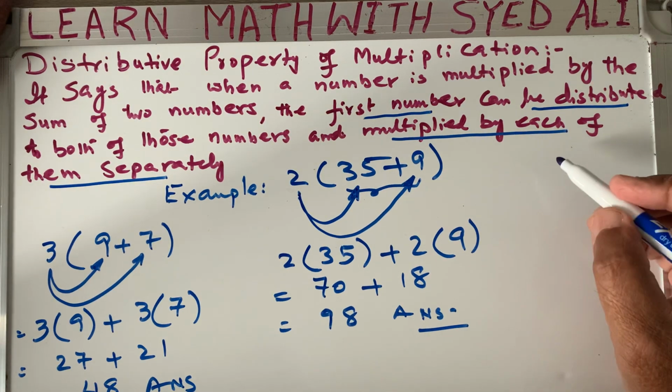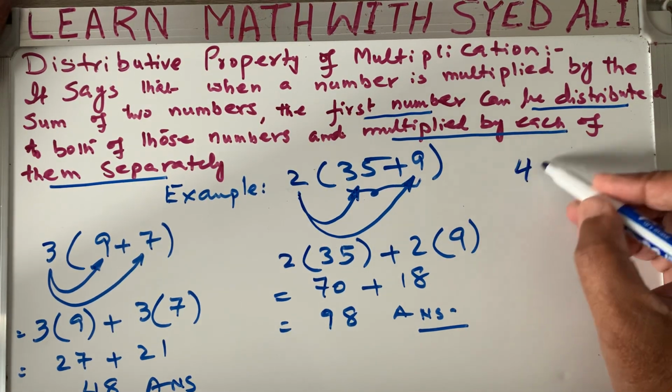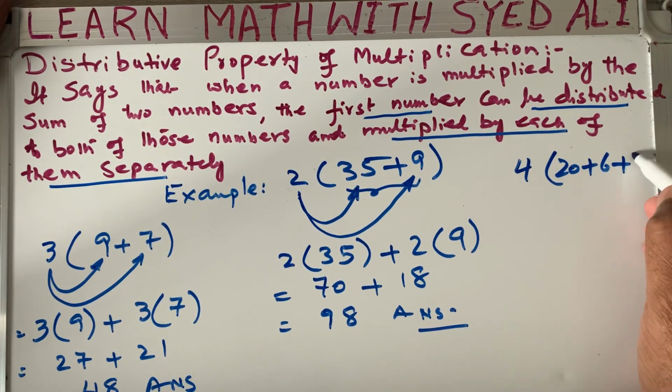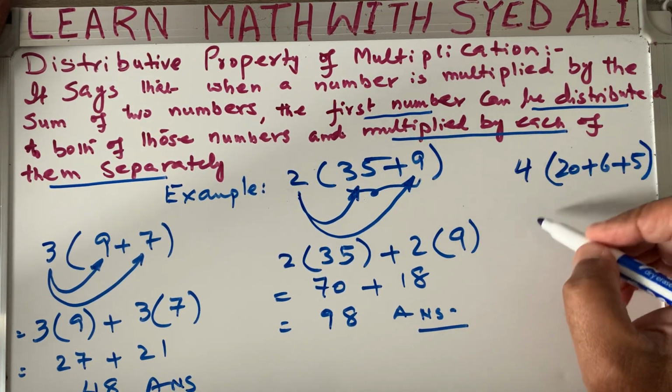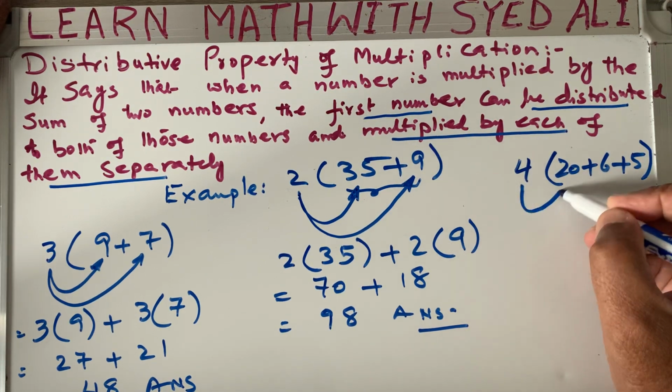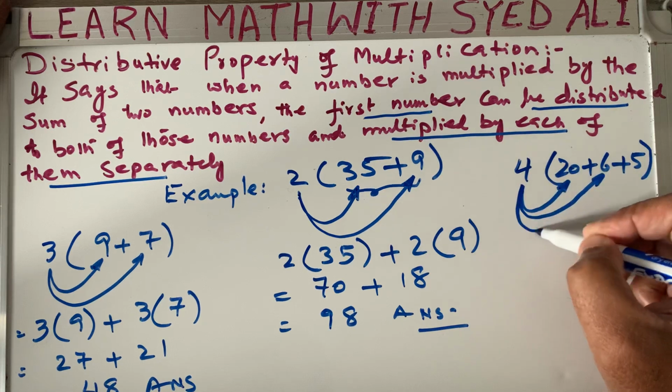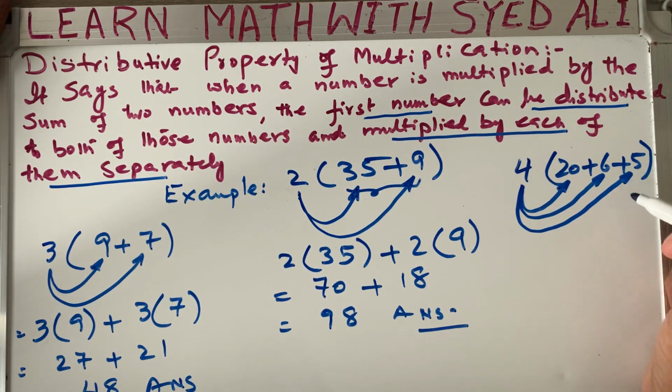You can take another example. 4 times 20 plus 6 plus 5. What is the distributive property saying? This number will go and multiply with each of them independently and then we can add to get the result.